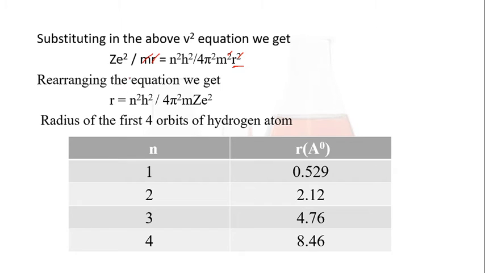So r = n²h²/(4π²mZe²). Now putting the value of n, we get the radius of the first Bohr orbits. For n = 1, r is 0.529 angstrom. For n = 2, r is 2.12 angstrom, and so on.